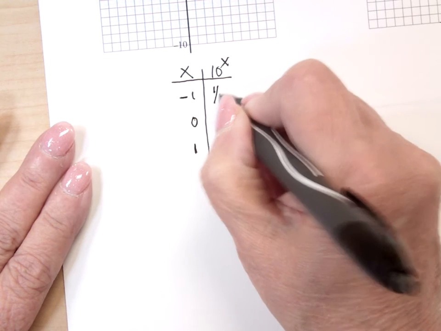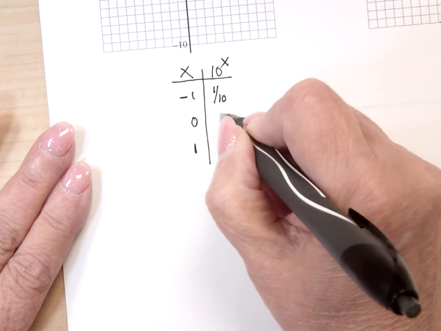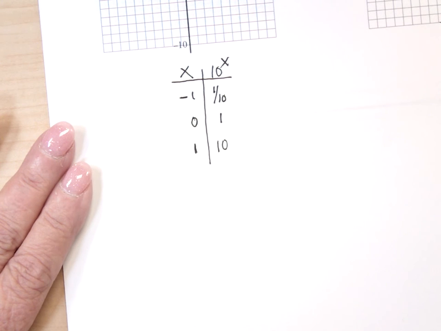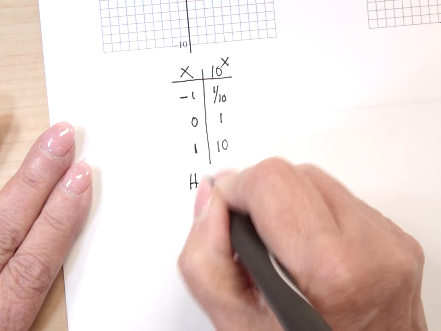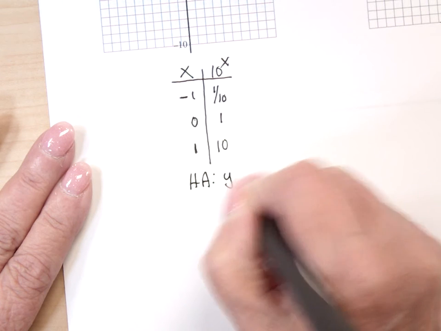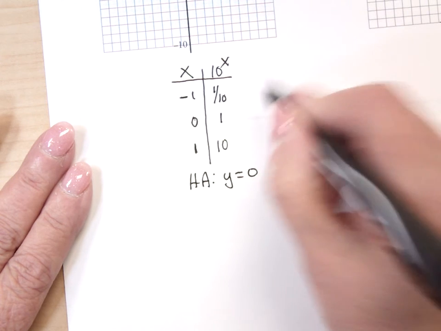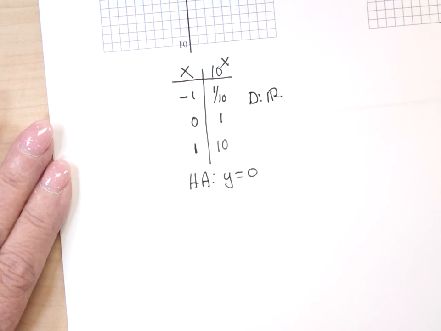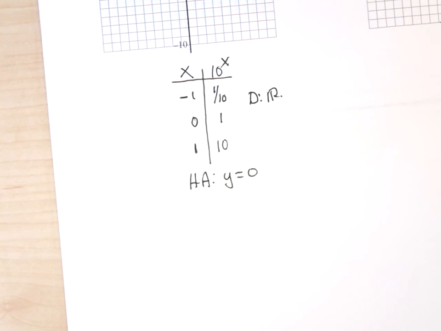This would give me 1/10. This would give me 1. This would give me 10. It has an HA at y equals 0, and of course its domain is all real numbers. That's what you need to know about the exponential.